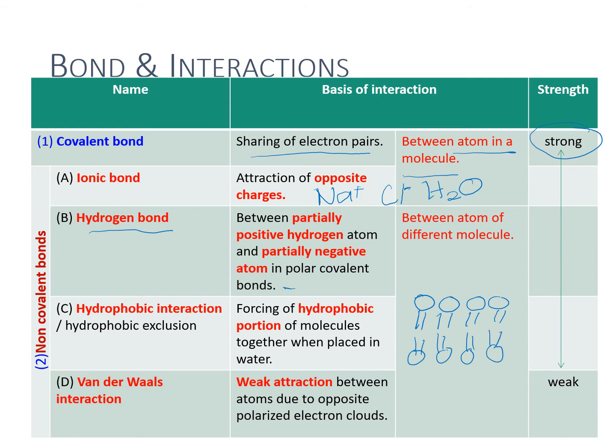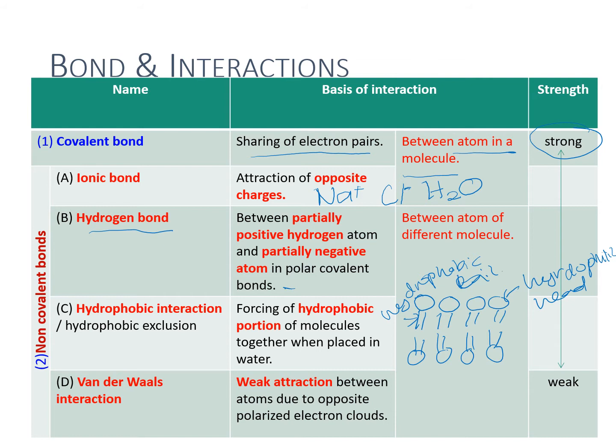One phospholipid molecule consists of a hydrophilic head, and this region we call the hydrophobic tail. The hydrophobic tail is composed of fatty acids which are hydrocarbons.